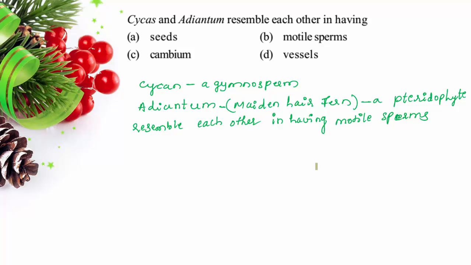It is commonly called maidenhair fern, and both of them belong to entirely different groups. One is pteridophyte and another is gymnosperm, but still they resemble each other in one character, having motile sperms. So this is the similarity between Cycas and Adiantum.